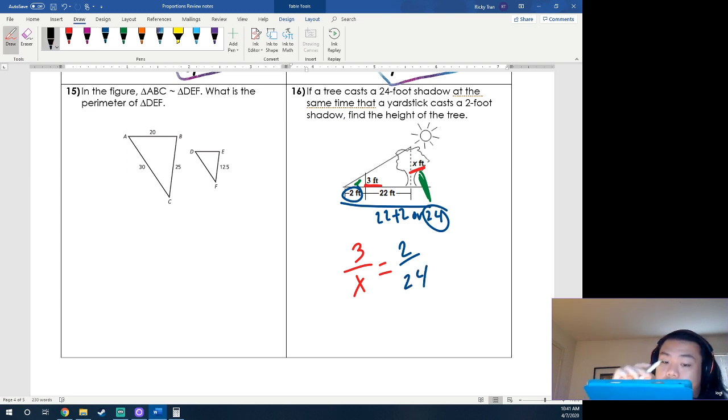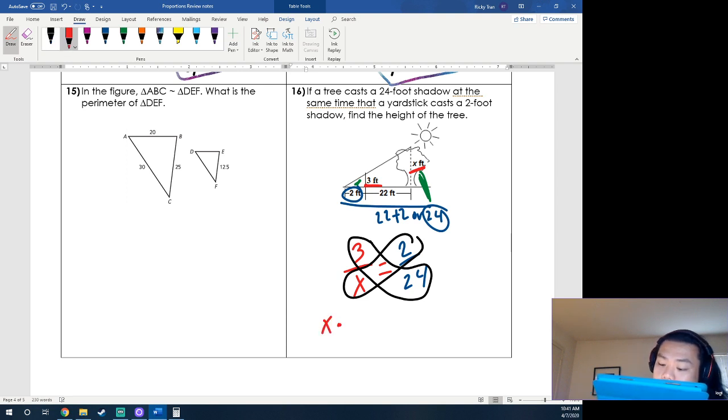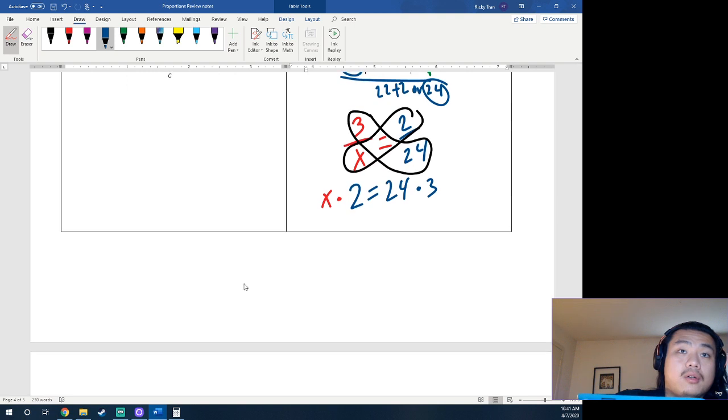All right, and here we're just going to cross multiply. So we have x times 2, which is equal to 24 times 3.